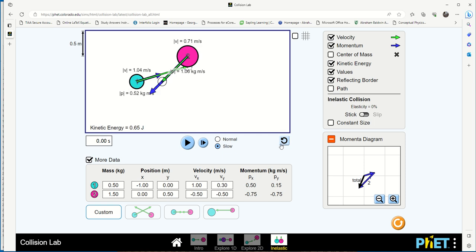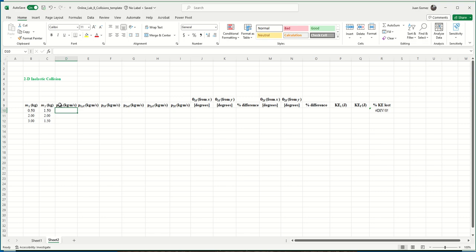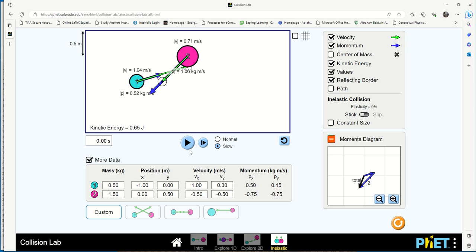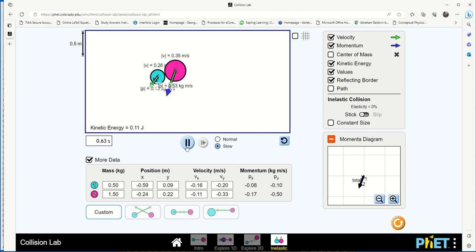Okay, everything's good. Now remember, see the more data table? Right now, these are the initial quantities. For the spreadsheet, I want the final. We can't populate the spreadsheet until we hit play. So everything looks good, hit play. They collide.